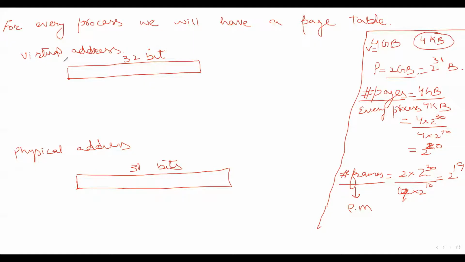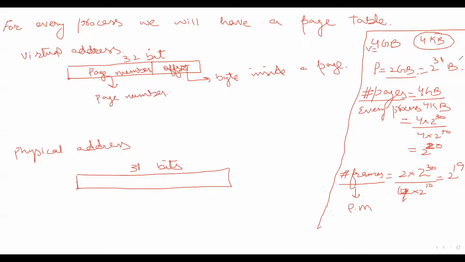As we know that every page is of size 4 KB. So we will divide this virtual address into 2 parts. This part will be an offset and this part will be a page number. This offset determines the byte inside a page, and this determines the page number.